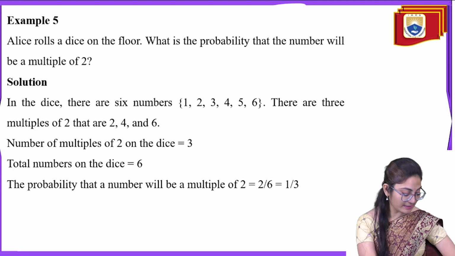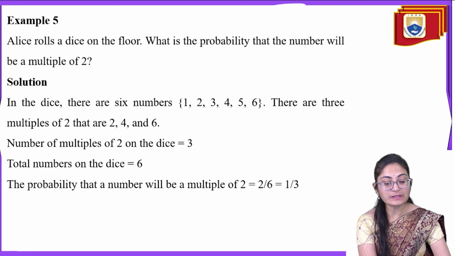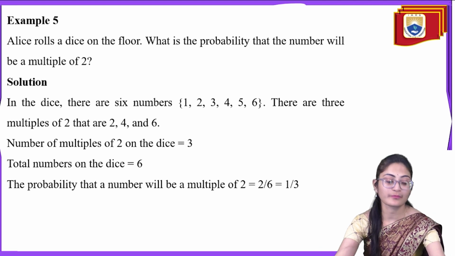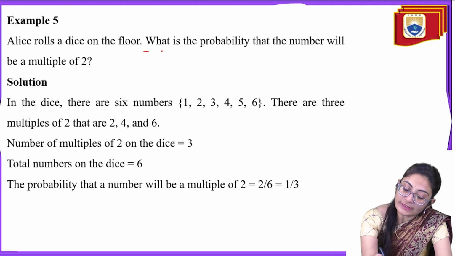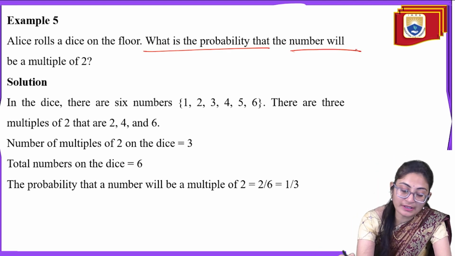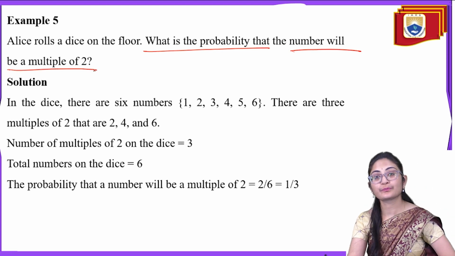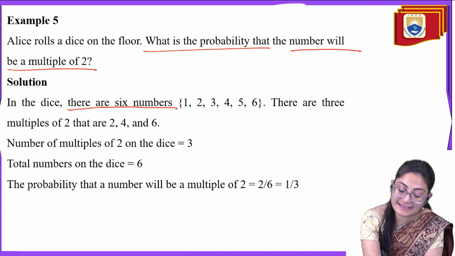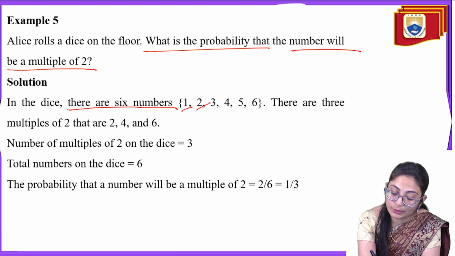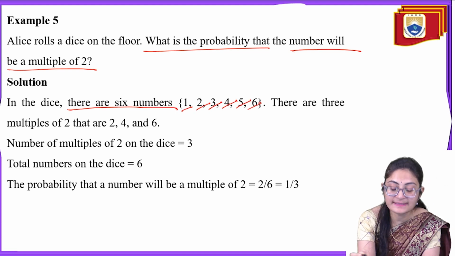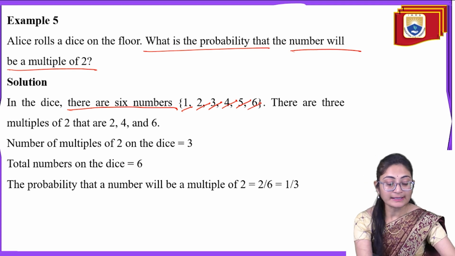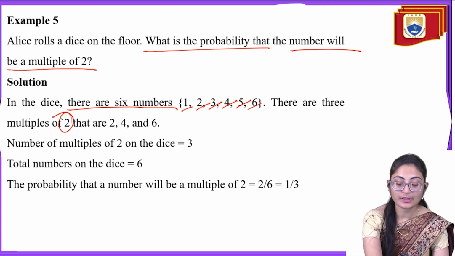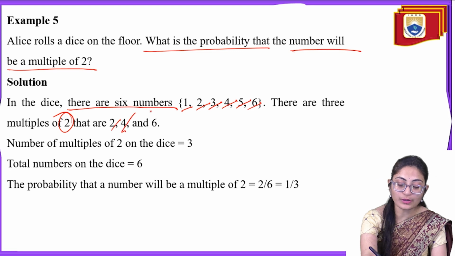Now the next example is that Alice rolls a dice on the floor. What is the probability that the number will be a multiple of 2? In a dice there are 6 numbers: 1, 2, 3, 4, 5 and 6. And there are 3 multiples of 2, that are 2, 4 and 6.